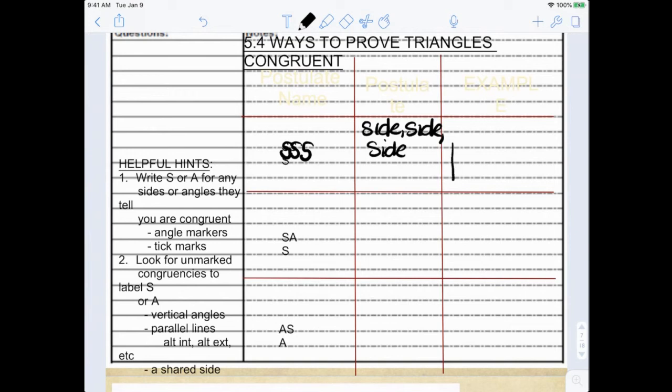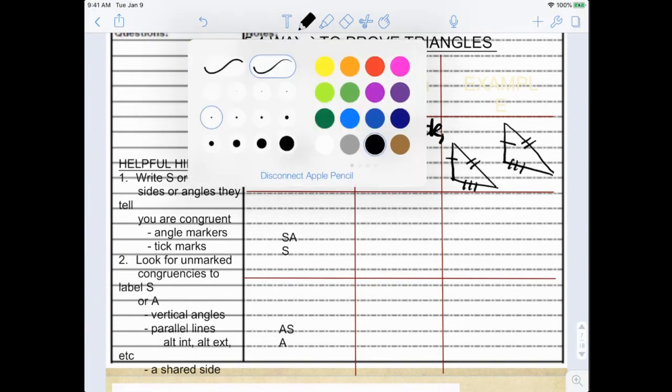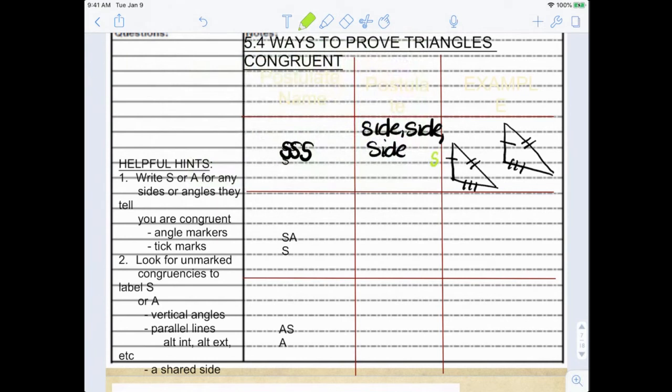So what that might look like is, I might give you these two images. And I might say these are congruent, this is congruent, and these three are congruent. Now, if I label those, what am I given? I'm given a side, I'm given another side, and I'm given a third side congruent, because three sides of one triangle are congruent to three sides of another triangle.